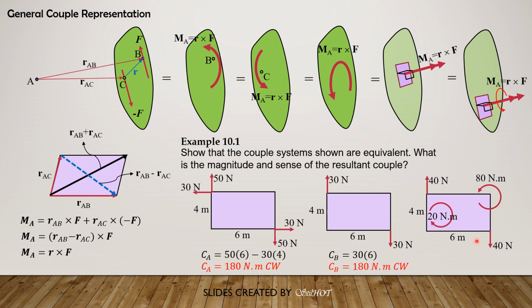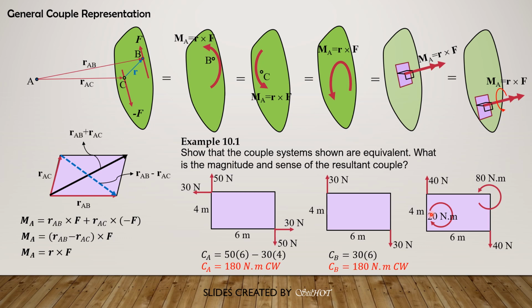Clockwise also. In the third situation, we have here a couple, 40 and 40. The sense is clockwise. So the magnitude is 40 times 6 clockwise, then plus 20 Newton meter, which is also clockwise. So 40 times 6 is 240 clockwise, plus 20 Newton meter clockwise.